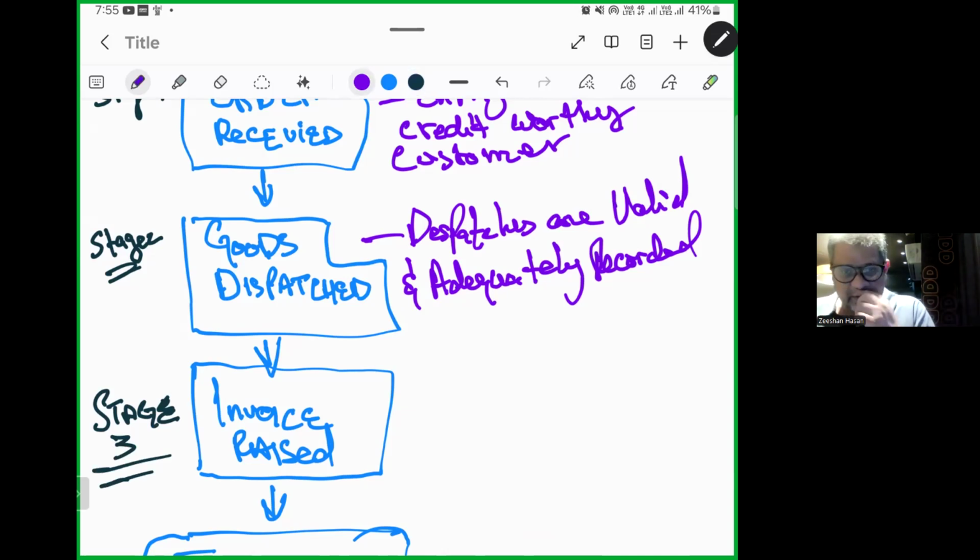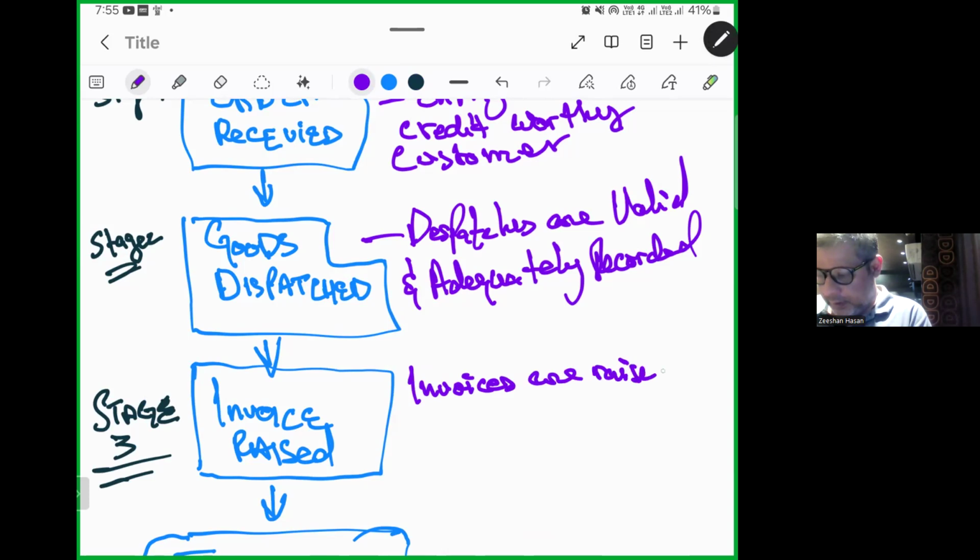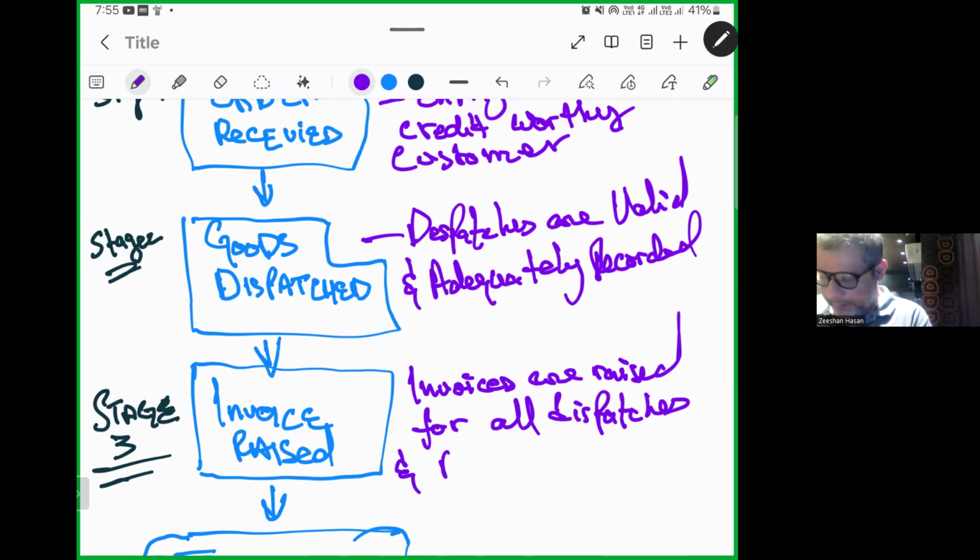Here we have to ensure that invoices are raised for all dispatches and are accurate.